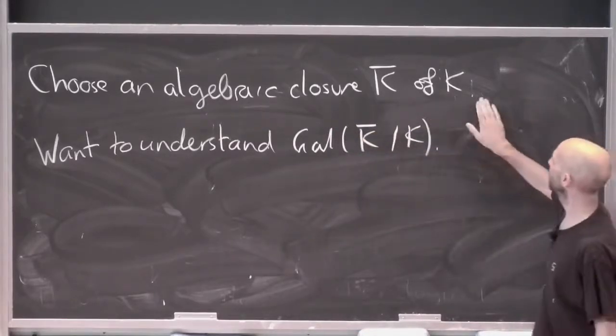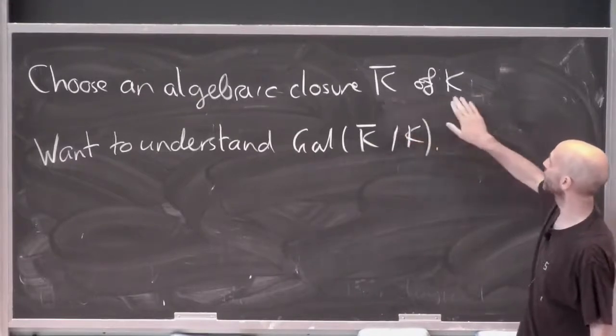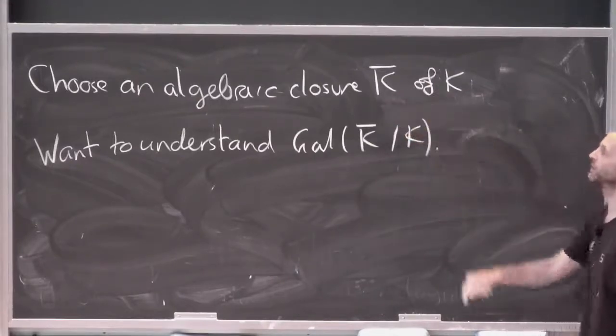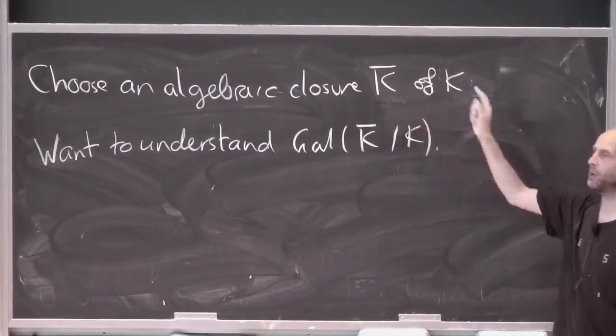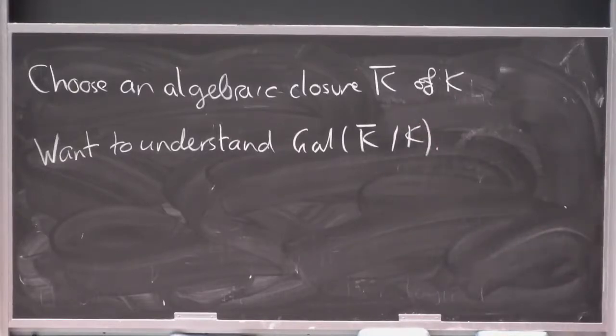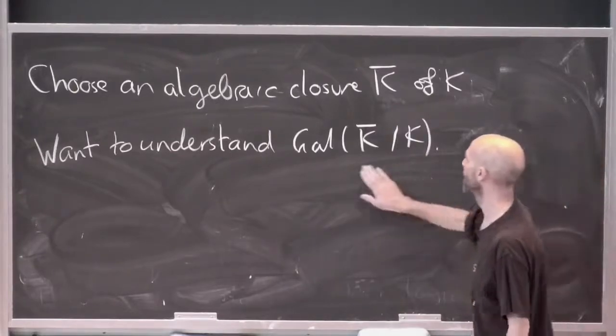The algebraic closure K-bar of K is unique up to isomorphism, but it's not unique up to unique isomorphism. So here's the problem. We have the same field K, and I choose an algebraic closure, K-bar 1, and you choose an algebraic closure, K-bar 2. These are known to be isomorphic, so we can make our Galois groups.